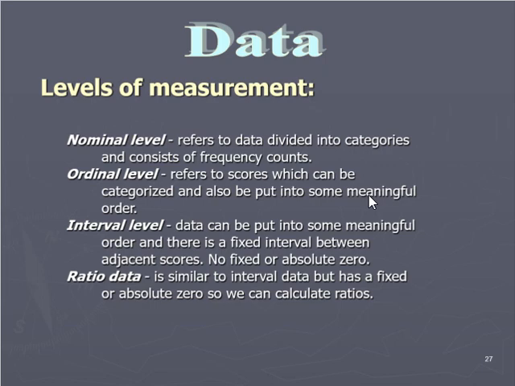Interval naman, data can be put into some meaningful order and there is a fixed interval between adjacent scores. But there is no fixed or absolute zero. Like for example, the fixed cost per unit of production.